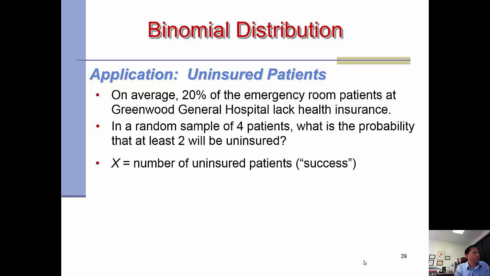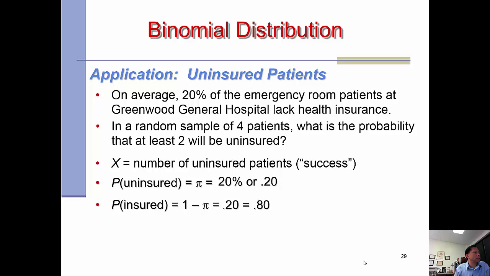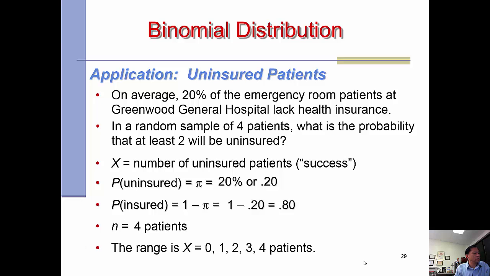If you use X to denote the number of uninsured patients, or success, kind of sarcastic, then the probability of uninsured is Pi, which is 0.2. So 20% don't have it, right? Then the probability that people do have insurance is 1 minus 0.2, which is 0.8. The n is the 4 patients, so the range is from 0 to 4 patients.